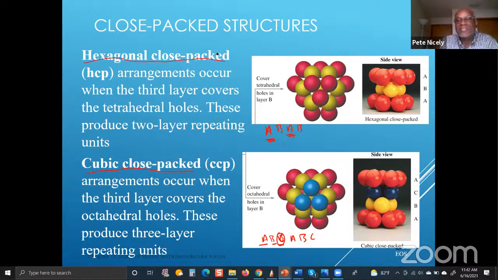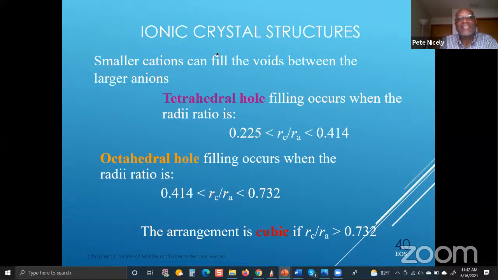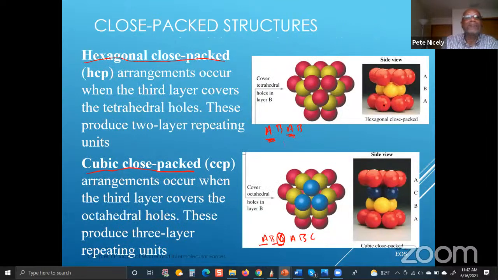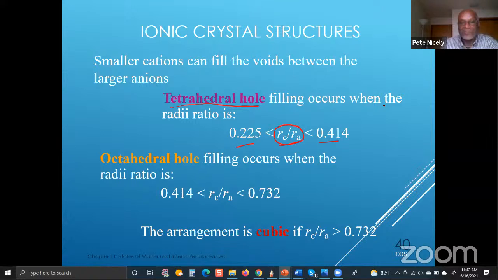Then what you'll find is that whichever type of packing is adopted by the different compounds is largely related to the ratio of the cations to the anions. It was found experimentally that when this ratio lies between 0.225 and 0.414, the tetrahedral holes would be filled, and that would result in the formation of the hexagonal close packing.